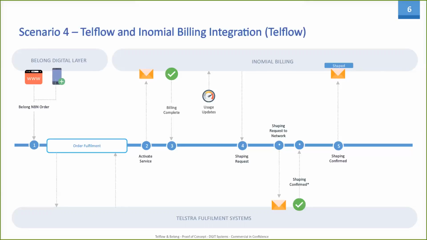So it's coming from Inomial billing to Telflow. Telflow, in a real-world environment, would actually then communicate with EonSys to initiate the shaping on that particular service, get a response back from EonSys, and then send a response back to Inomial billing.